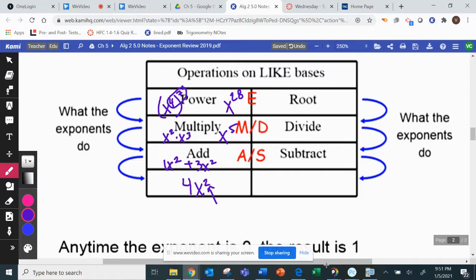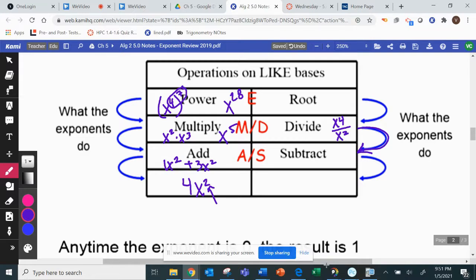If we're doing a root, which we haven't learned yet, that's coming up in our chapter, we would divide. If we are dividing, which we did on that first page, x to the 4th over x to the 2nd, we do what's underneath to the exponents, subtract them. So I would get 4 minus 2.